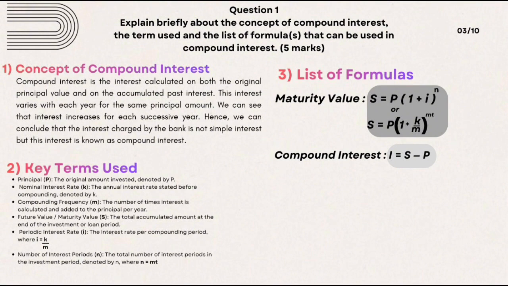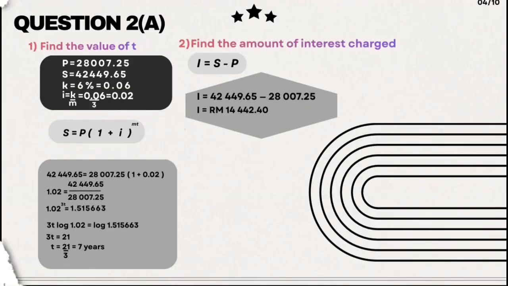To find the actual interest earned or charged, we use the compound interest formula, which is I equals S minus P.